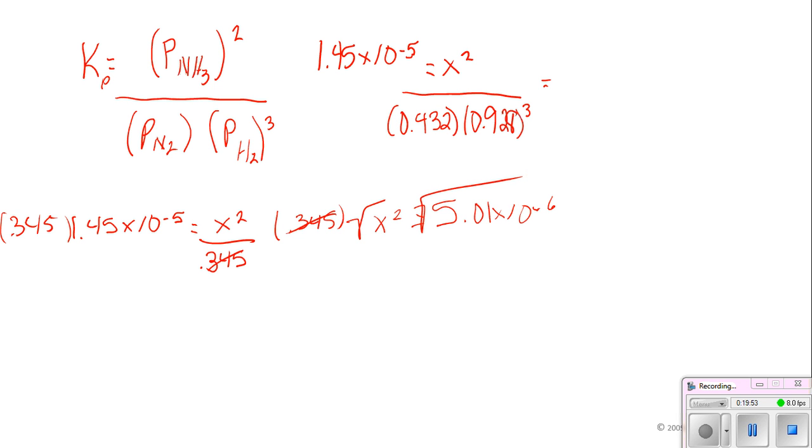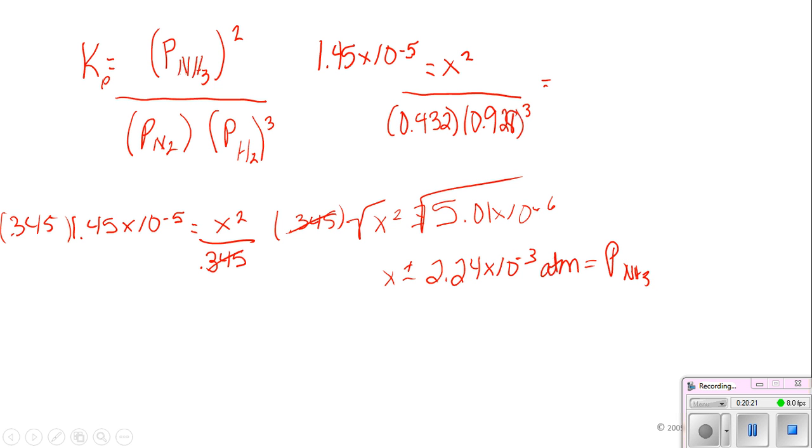And when we do that, x will give us a positive and negative value of 2.24 times 10 to the negative third. And this would be atmospheres of NH3 for the partial pressure of NH3.